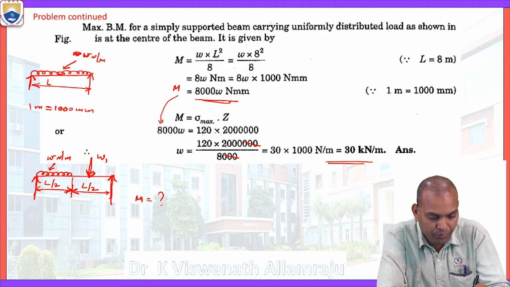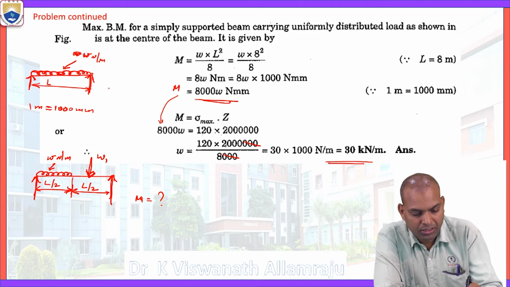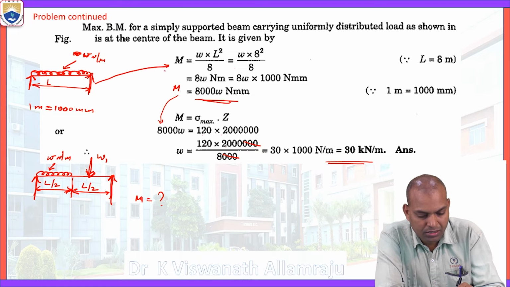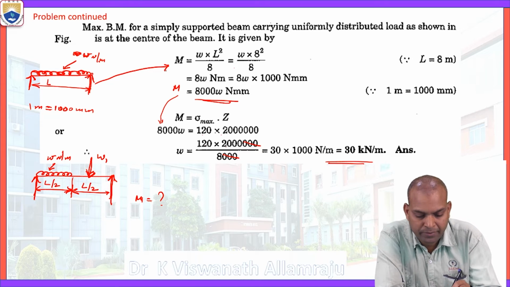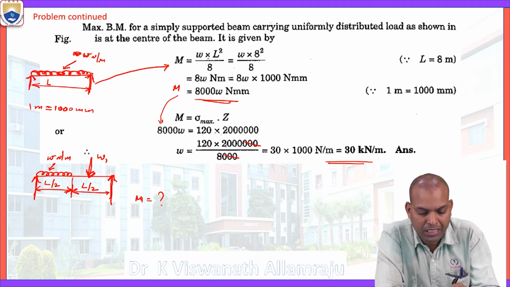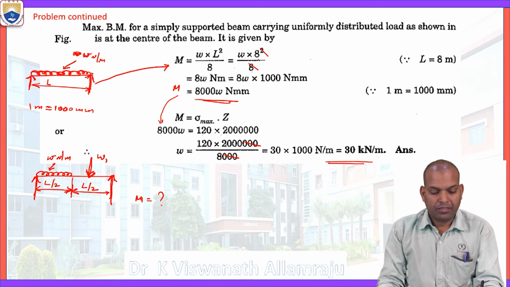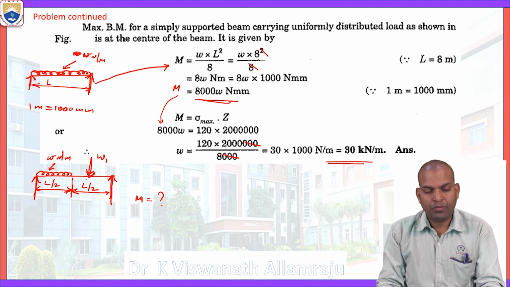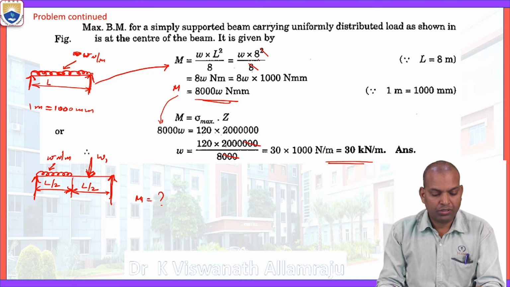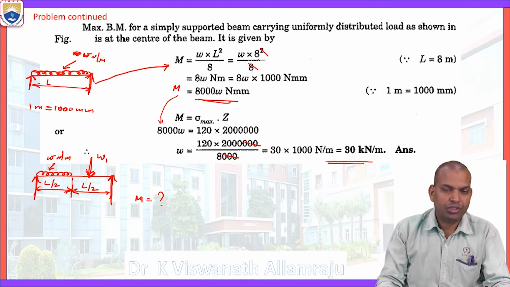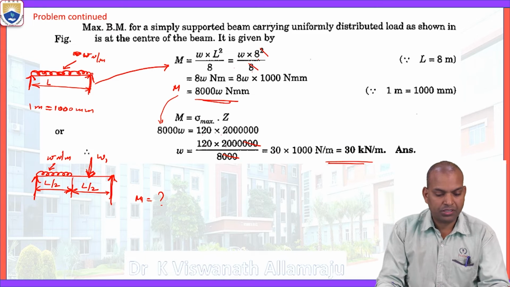That's why the formula for this case is w L square by 8, that is w into 8 square by 8, that is 8w. If it is a different case, not uniform, then we have to derive the equation from the concepts of shear force and bending moment equations.